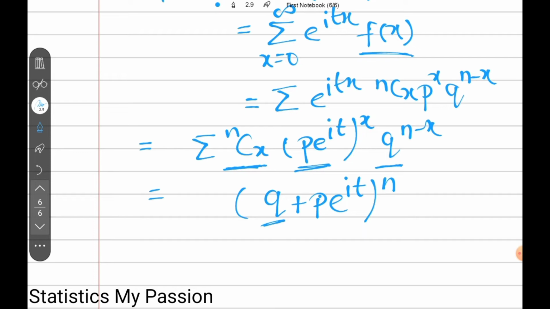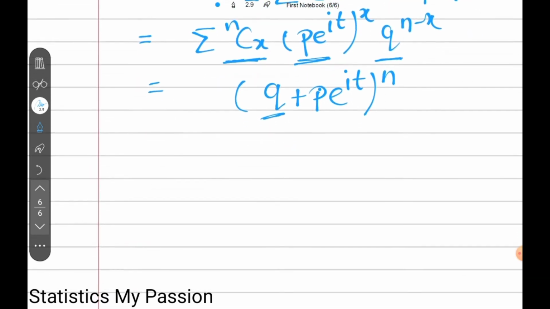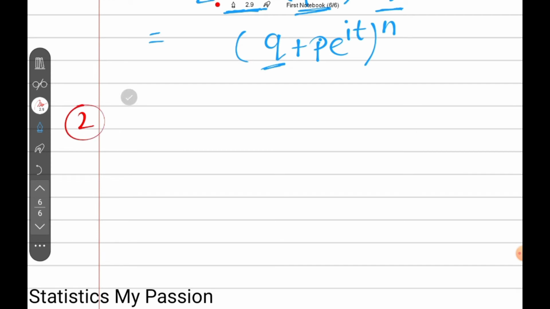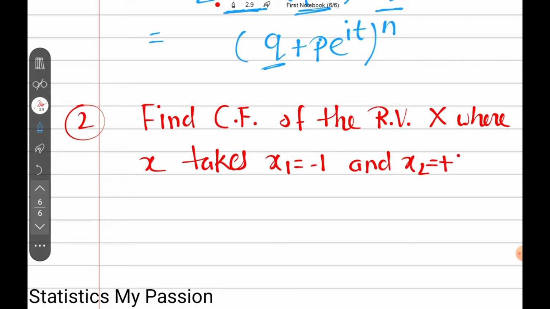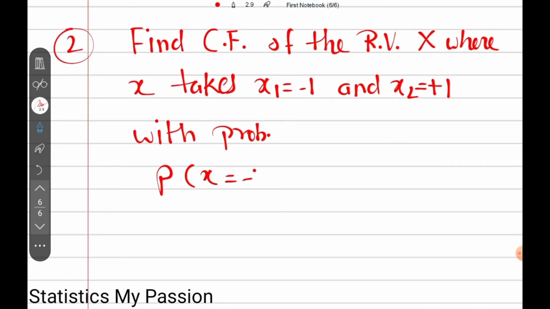Now the second question is to find the characteristic function of the random variable X, where X takes the values x1 equal to minus 1 and x2 equal to plus 1 with probabilities P(X = minus 1) equal to P(X = 1) equal to 1 by 2.